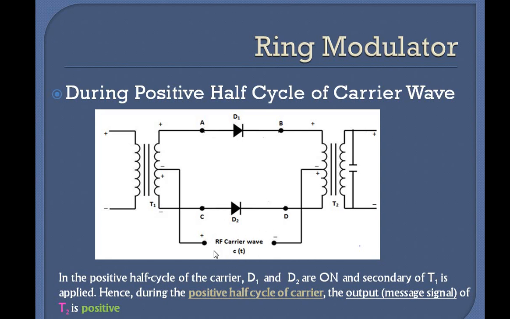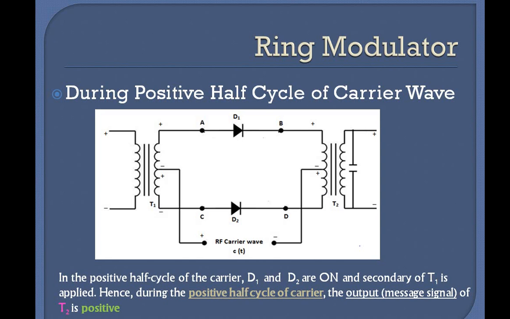Remember this point. These diodes are controlled by a square wave carrier at the carrier frequency fc, and that is applied to the center tapped transformers. So by applying this carrier frequency to the center tapped transformers, you are getting the message signal modulated, and you get the modulated output.